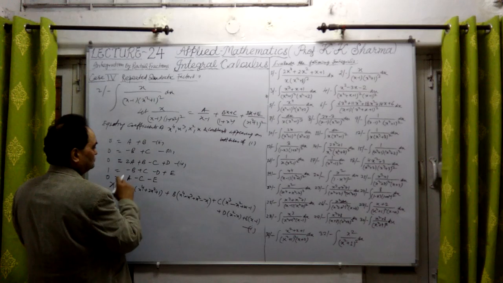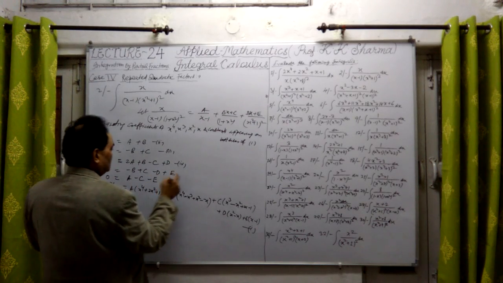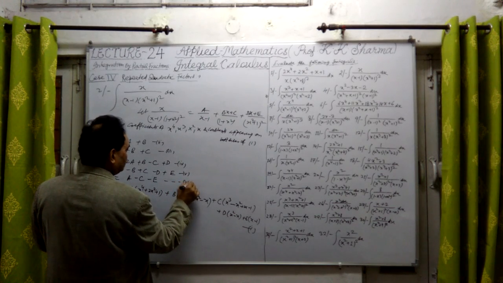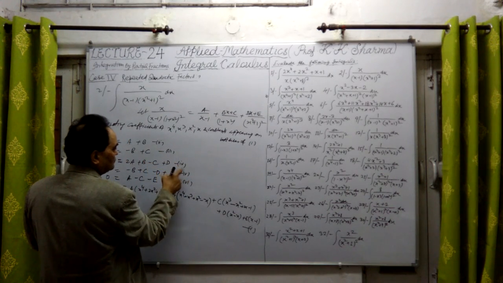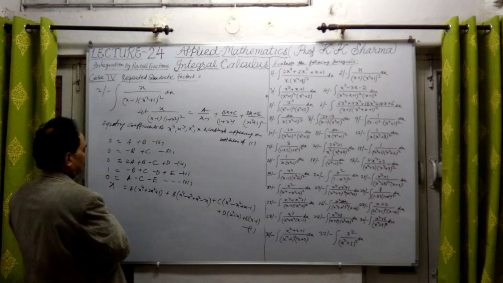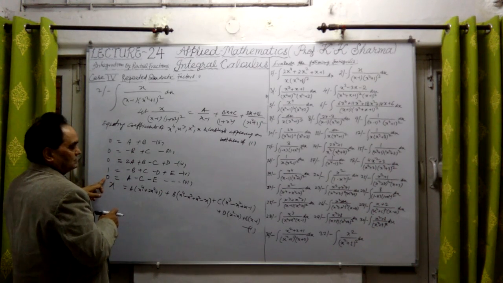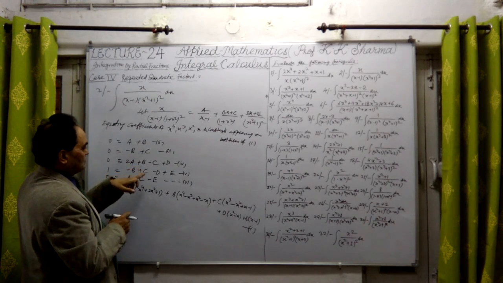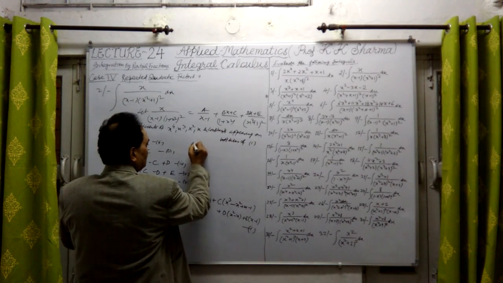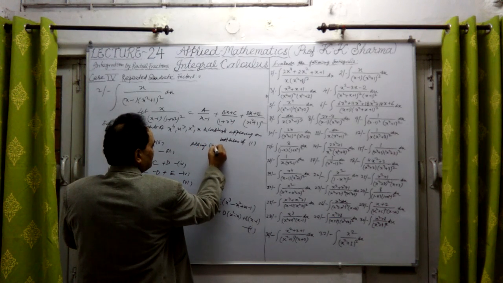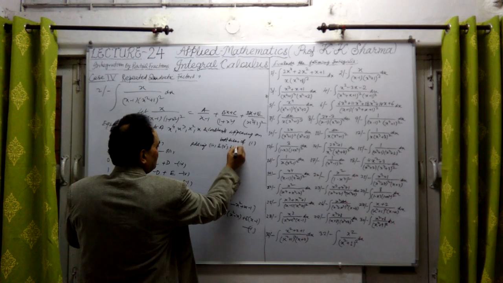If I add these two, let me take this is the sixth one, second, third, fourth, fifth, sixth. There are 5 equations, 1, 2, 3, 4 and 5. So adding fourth and fifth equation.